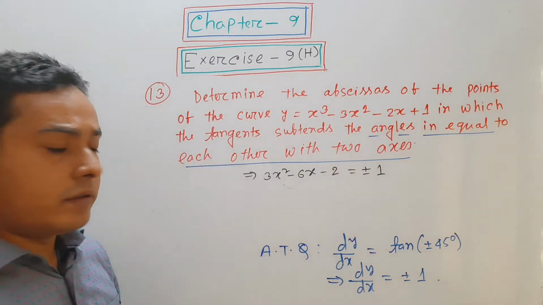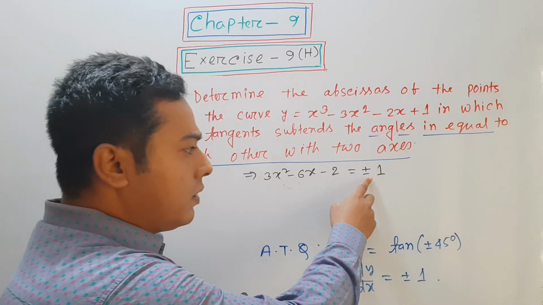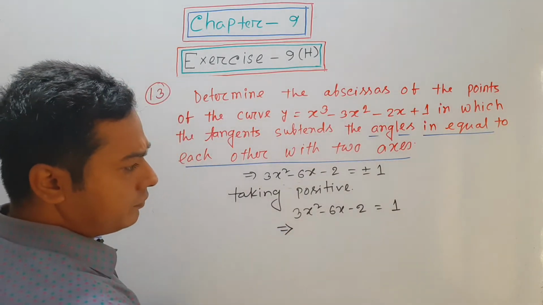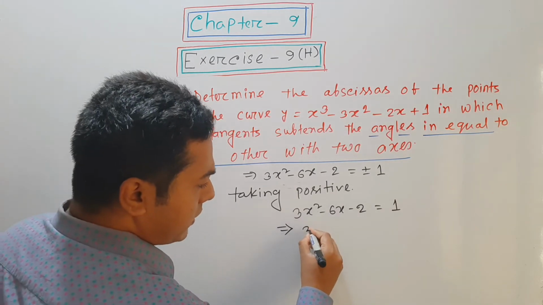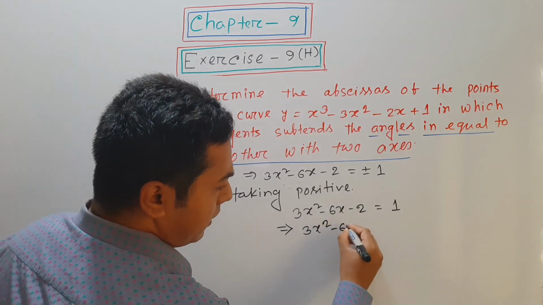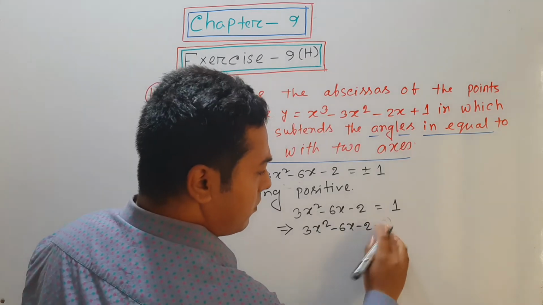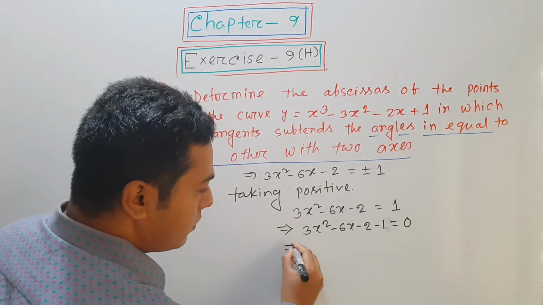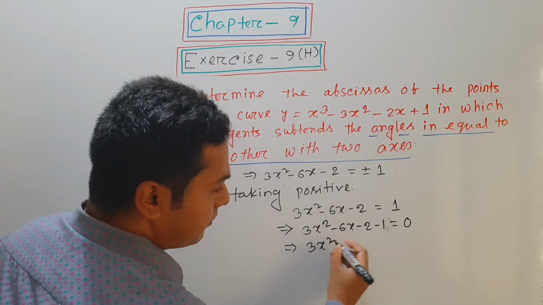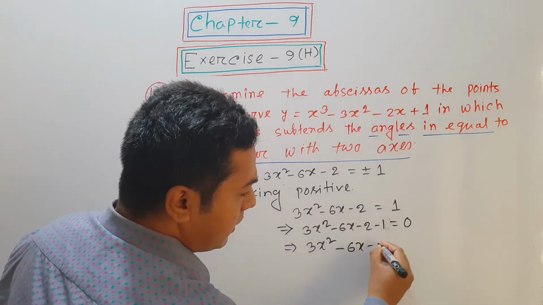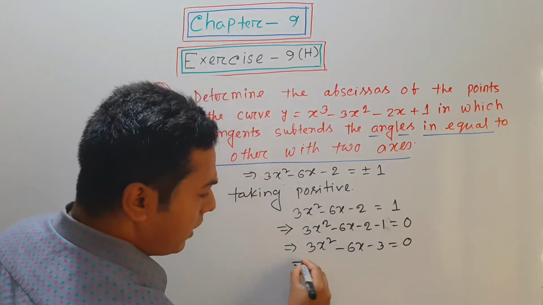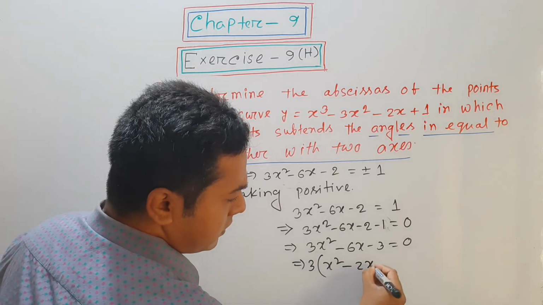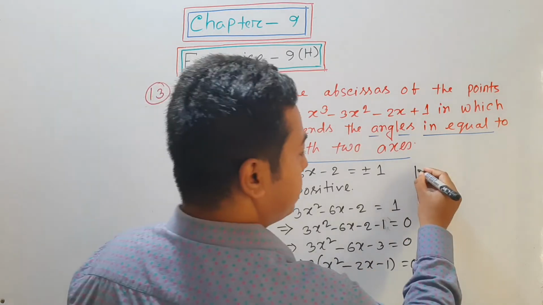Now taking positive, 3x square minus 6x minus 2 minus 1 is equal to 0. So 3x square minus 6x minus 3 is equal to 0, and we can take 3 as common: x square minus 2x minus 1 is equal to 0.